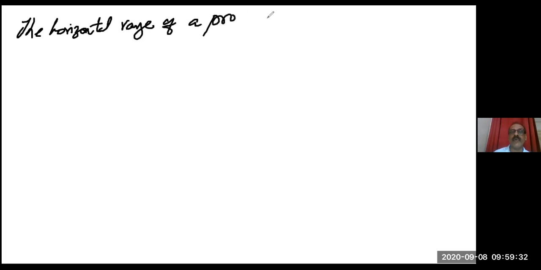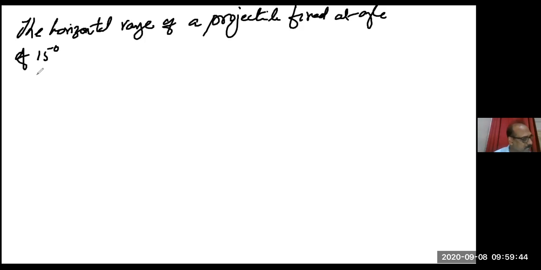Next question. The horizontal range of a projectile fired at an angle of 15 degrees is 50 meter.